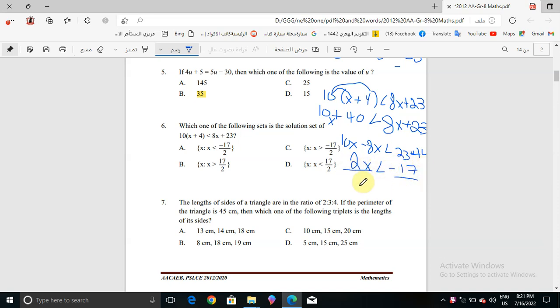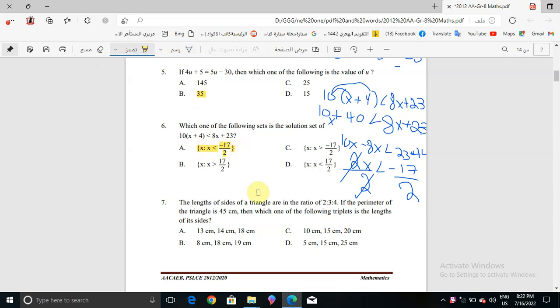Then divide by 2 over 2, cut 2 by 2, and then we will get x is less than negative 17 over 2. So that means our answer is in choice A, right?